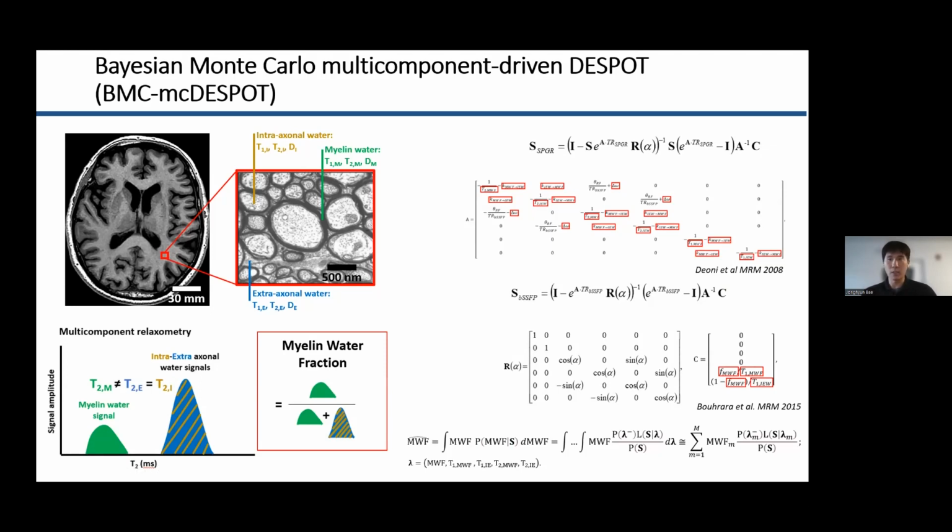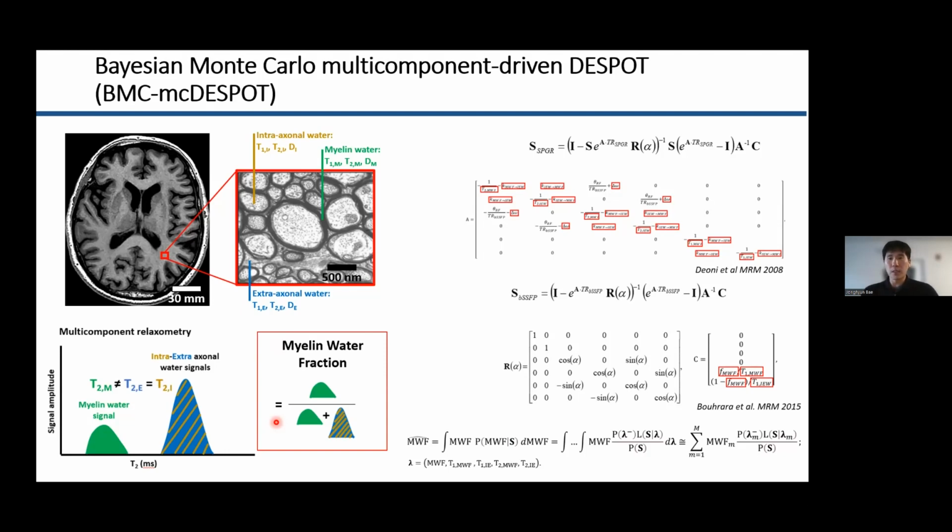I think we all heard this over and over again today, but we assume that the T2 relaxation rate of the water trapped inside the myelin is distinctively shorter than that of the intra- or extracellular water. We can then compute the fraction of the water in myelin that is contributing to the overall signal, represented as the myelin water fraction.